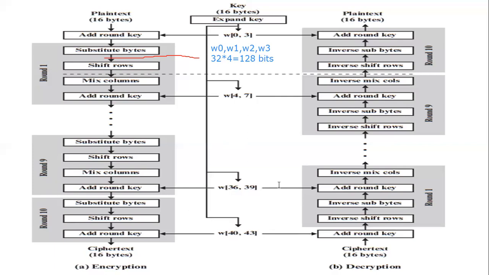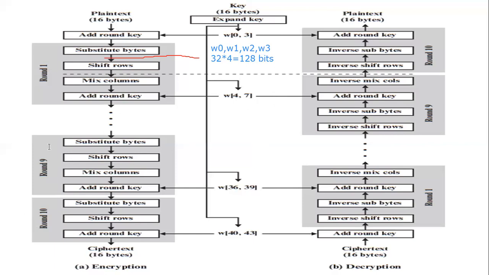That means a total of 128 times 11 bits are used. The number of round keys generated is equal to the number of rounds plus 1. So here we use 10 rounds, and we expand the key, meaning the sub keys we use total 11.